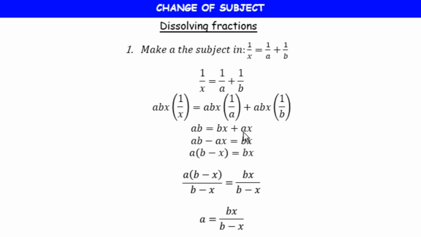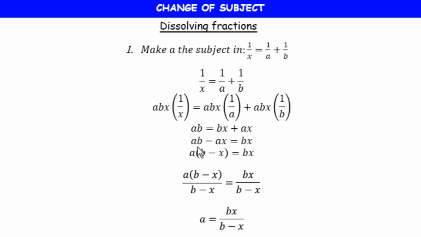So we are going to migrate this ax to the left hand side of the equation, right? So this ax is going to transpose to the left side of the equation. Because it is plus, when it crosses, it will become negative, right? So we are going to have ab minus ax is equal to bx.